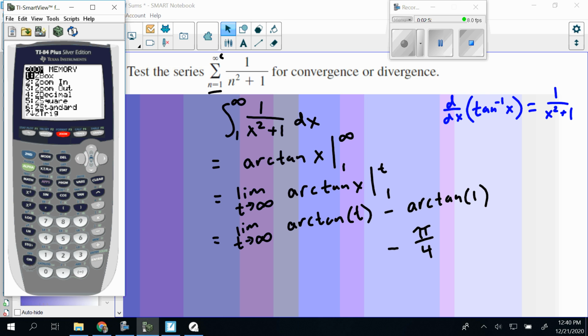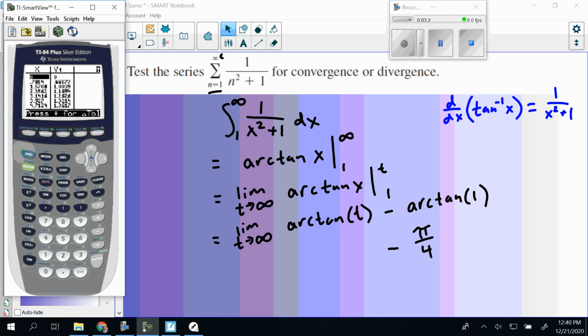I'm going to graph this on our standard graph. So here's the graph of this one. As we go to infinity, if we were to trace to our right, what's this value? Well, you can see it's increasing here.